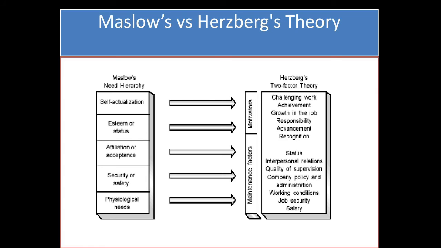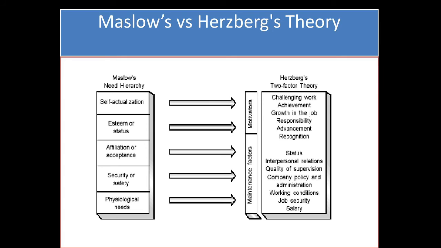There they'll be talking about maintenance factors: interpersonal relations, quality of supervision, company policy and administration, working conditions. So it is totally what Maslow has told in his theory. Sometimes one or two points will look similar.